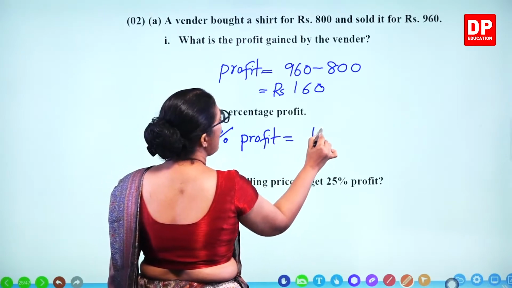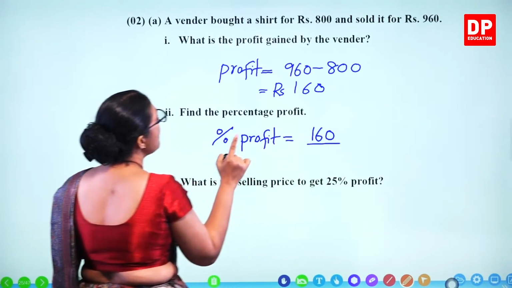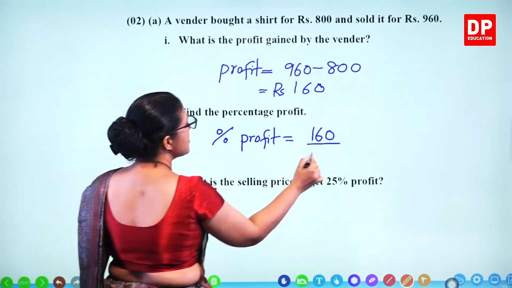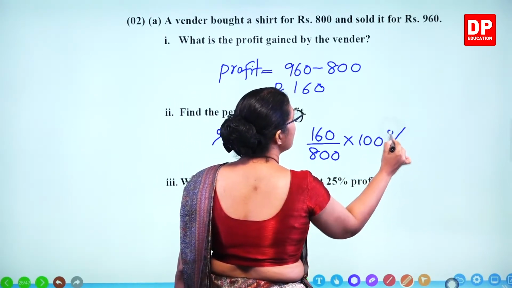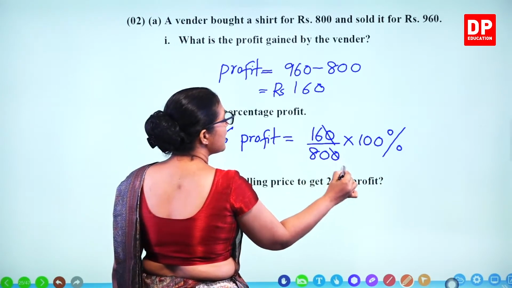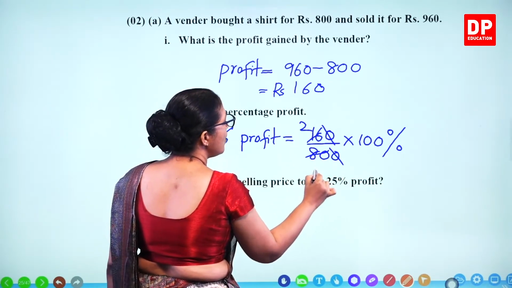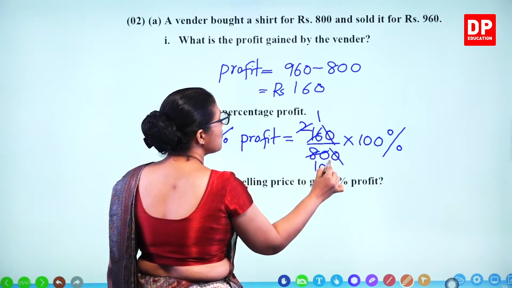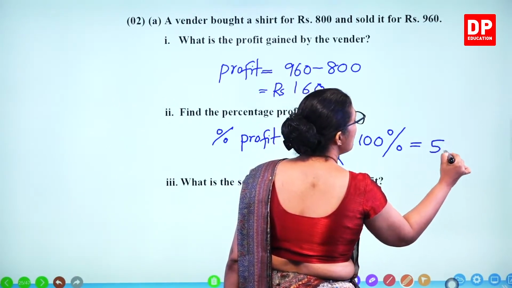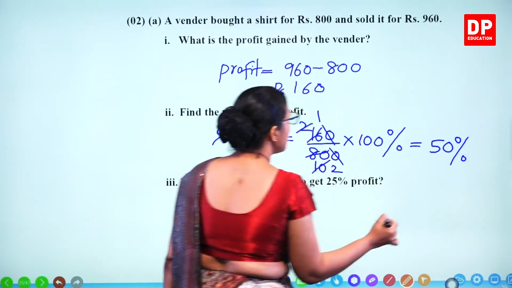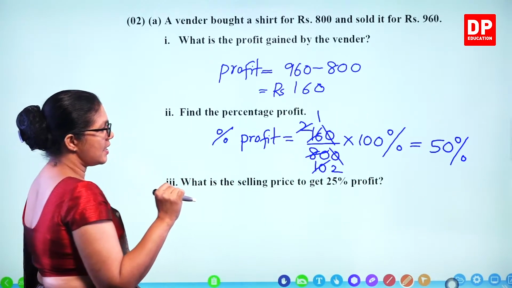So profit is 160 rupees divided by the buying price, that's 800. As a percentage you have to write it down. So 0 gets cancelled out. 8 times 2, 8 times 10, 2 times 1, 2 times 2. 100 divided by 2, 50% is the profit percentage.